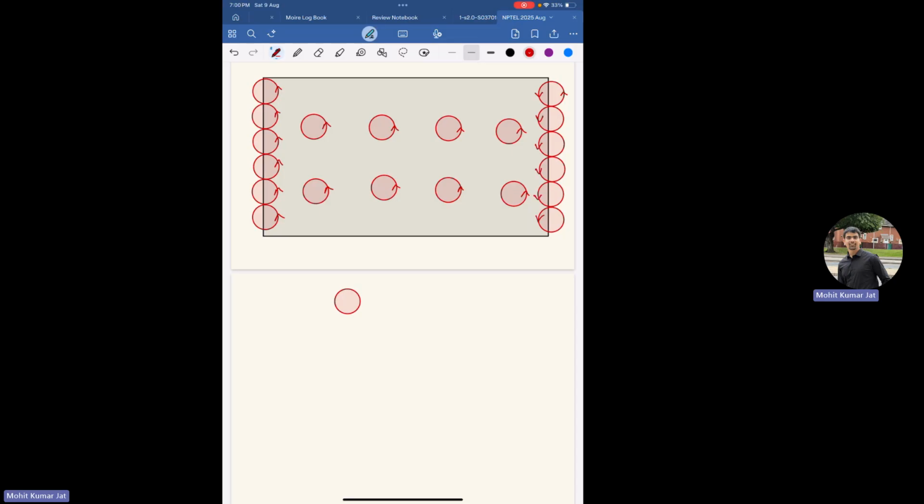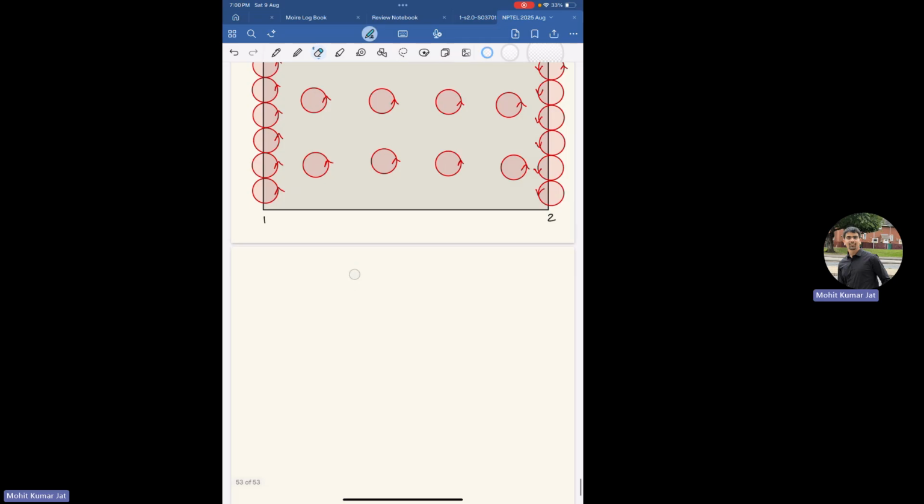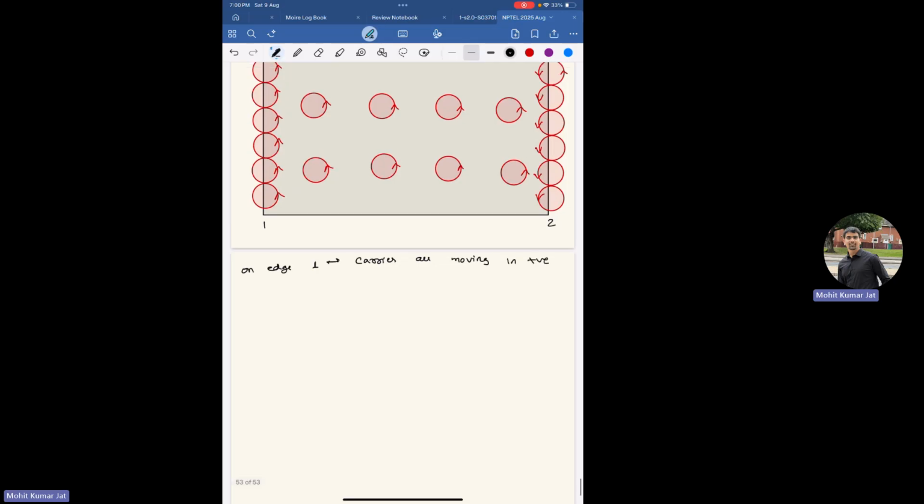So what do you see here? Let me call these edges number 1 and 2. On edge 1, carriers are moving in the positive direction, and on edge 2, in the negative direction.